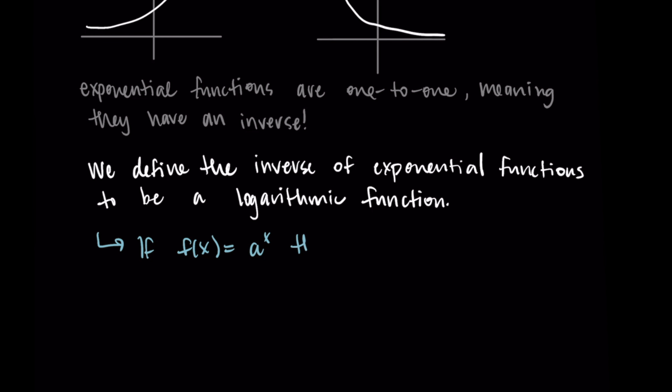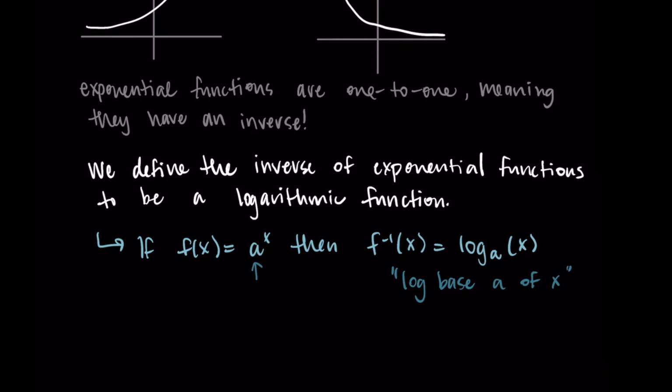Then its inverse, f inverse, which is the logarithm, we write as log base a of x. What's happening is we're taking the base of the exponent, the a in a to the x, and it's becoming the base of the logarithm. It's telling you what the output was that came from that exponent.